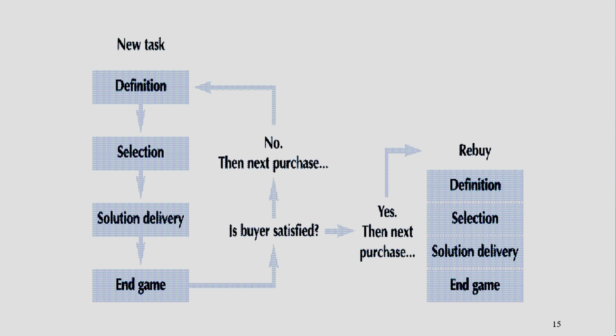So, if it is a specialized motor, say for example, maybe a flame proof motor, all the processes will happen as a new task, but once a particular vendor has been selected and the flame proof motors have been procured and put in use, if the end customer is satisfied, suppose it is a steel plant, if the steel plant is satisfied with the performance of the flame proof motors procured for the rolling mill, then the next requirement for replacement motors or for spares will be a rebuy process.